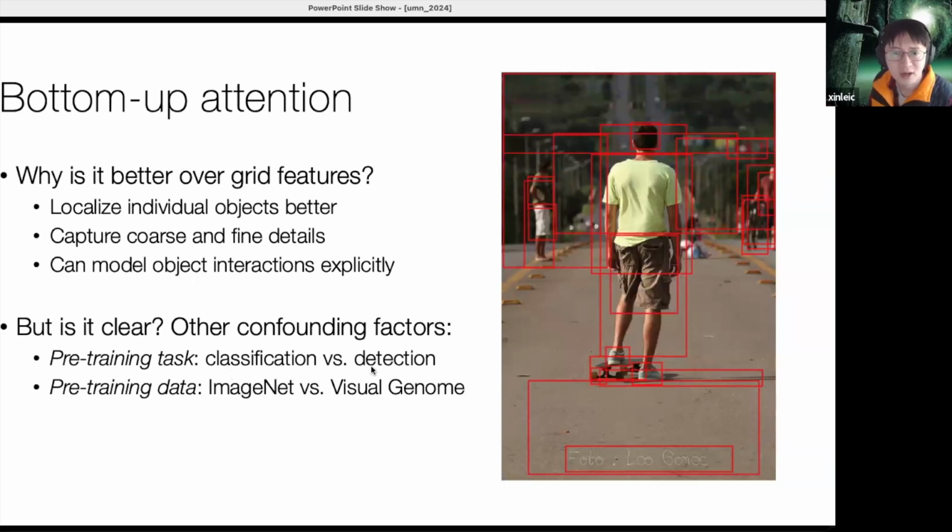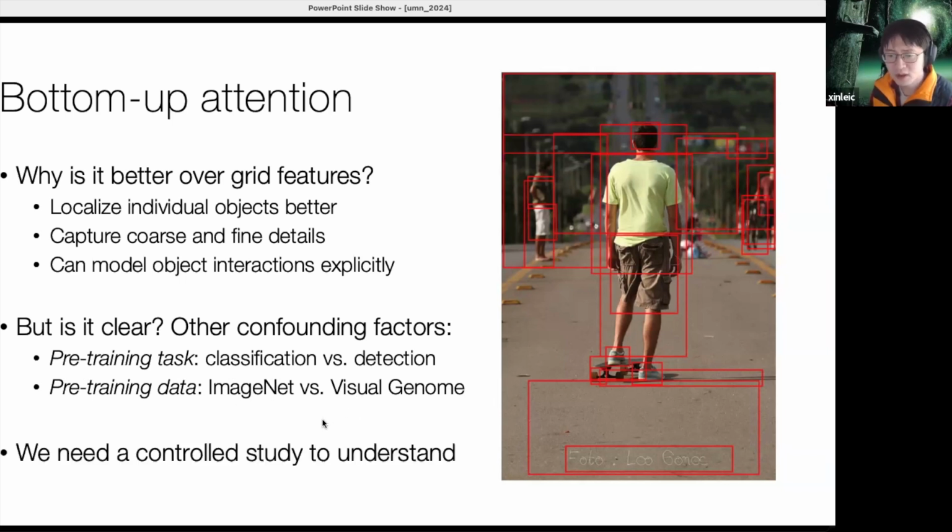It was object detection, not classification. The pre-training data was also different. So previously, classification models are always trained on ImageNet, but for detection, it was trained on Visual Genome.